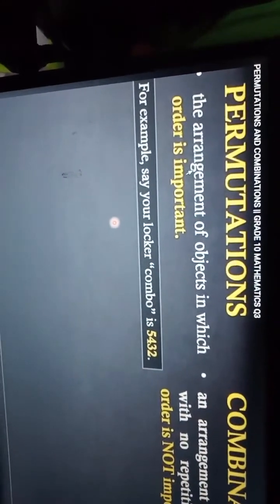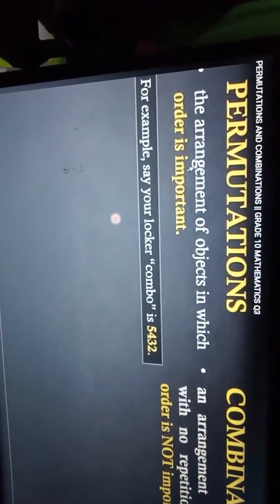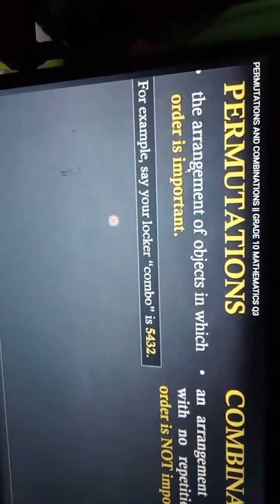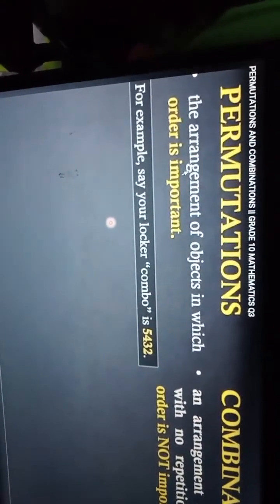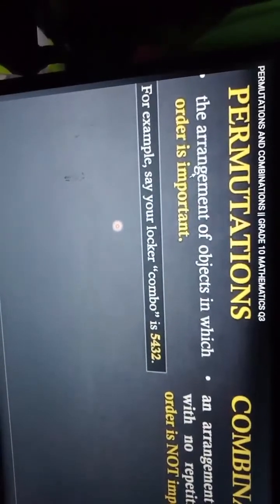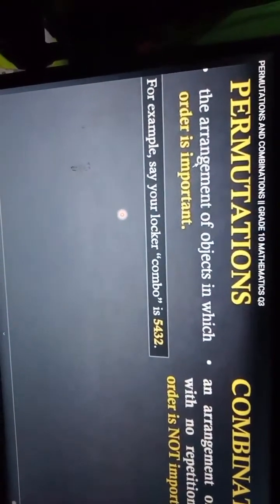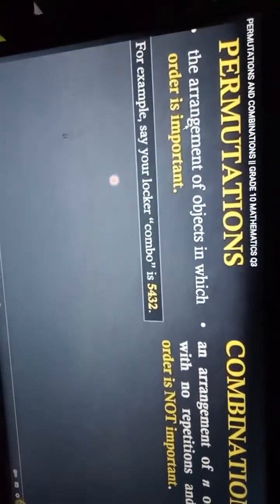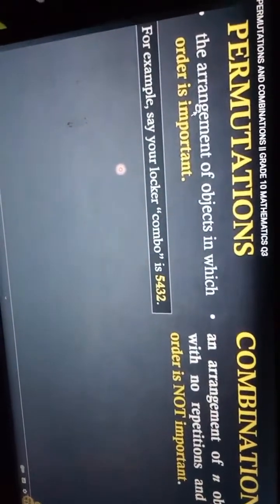So as long as distinguishable objects are displayed, you can use the distinguishable permutation. If your teacher asks you for the ways the marbles can be arranged in a row, you can use the distinguishable permutation. And take note that in permutations, arrangement and order are very important.